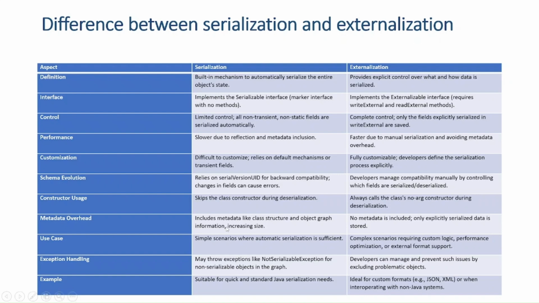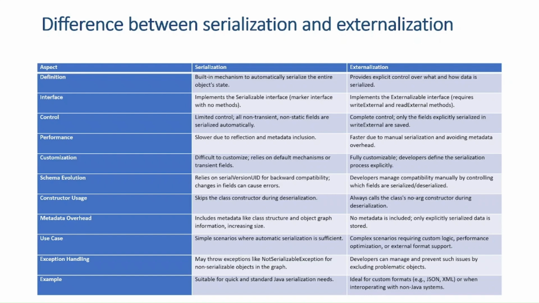Now, serialization may throw an exception like NotSerializableException for a non-serializable object in a graph. What does it mean? It means that serialization automatically serializes all non-transient, non-static fields of an object, including references to other objects in the object graph. So if any object in this graph does not implement the Serializable interface, Java throws a NotSerializableException, causing the entire serialization process to fail.